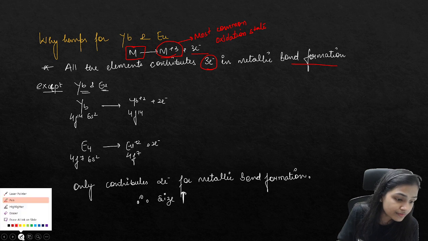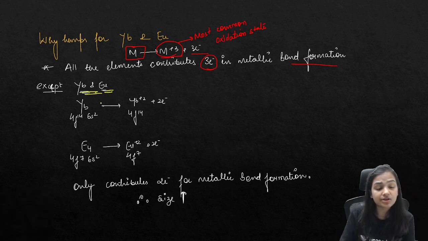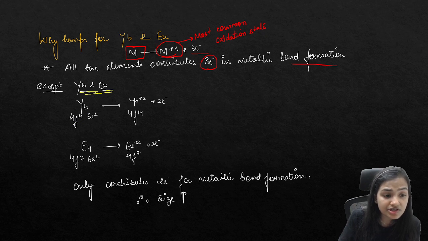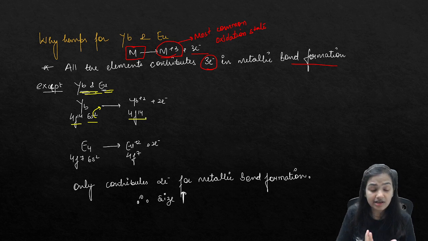But when you look at YB and EU, in the case of YB, the configuration is 4f14 6s2, so it just wants to lose 2 electrons to attain the fully filled configuration, and the fully filled configuration is much more stable.